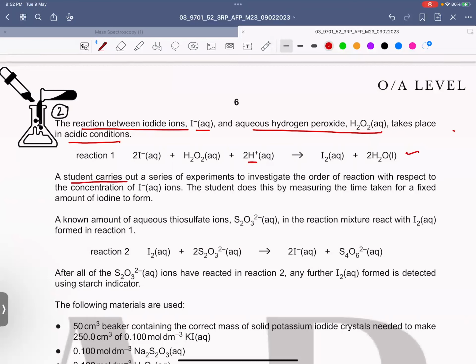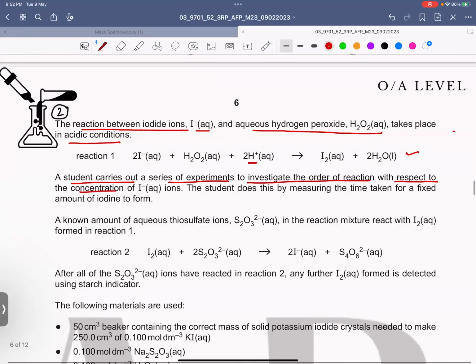A student carries out a series of experiments to investigate the order of reaction with respect to the concentration of iodide ions. The student does this by measuring the time taken for a fixed amount of iodine to form. So we have to investigate the order of reaction with respect to the concentration of iodide ion, right?